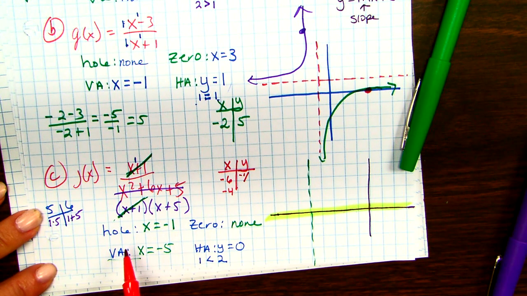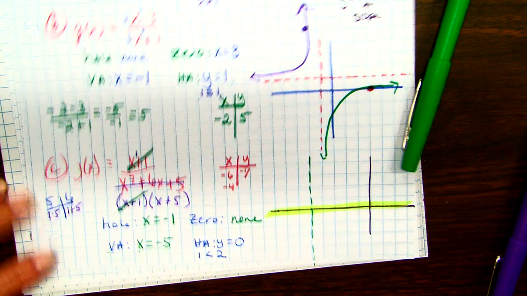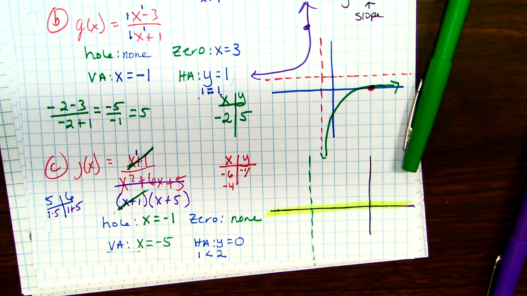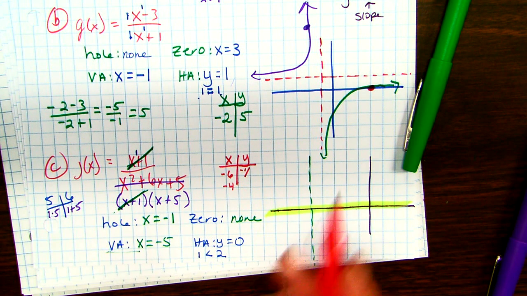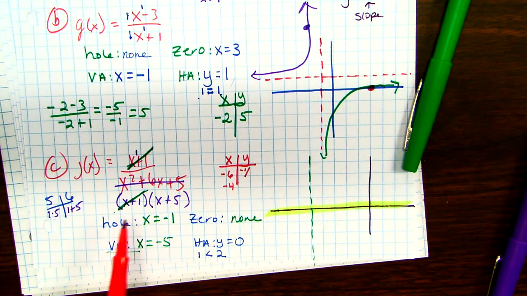And then, let me just do it in my calculator. So -6 squared is 36 plus, I think I get 5. Did I get 5? 36.